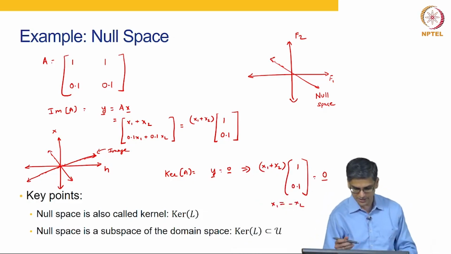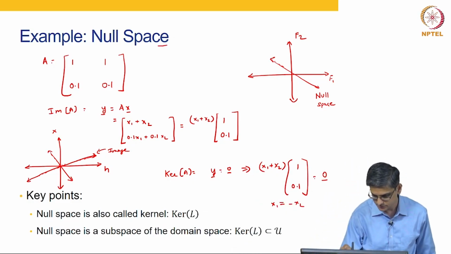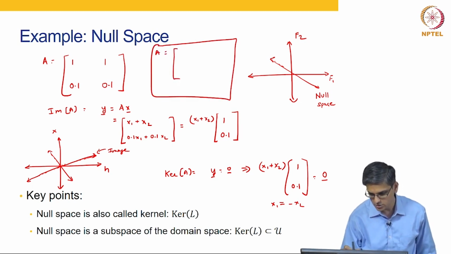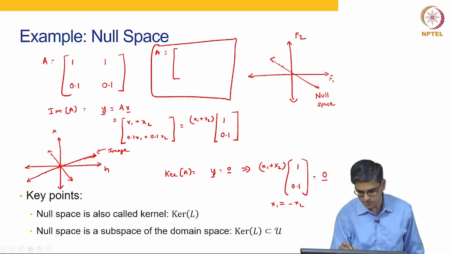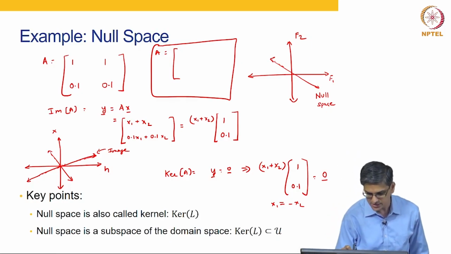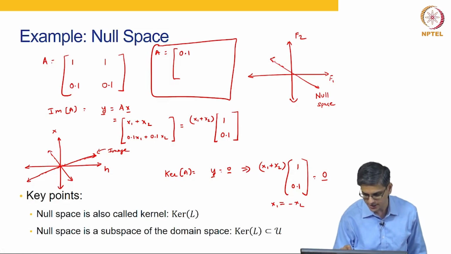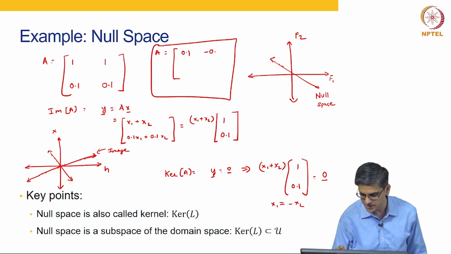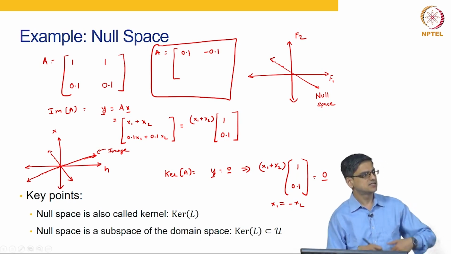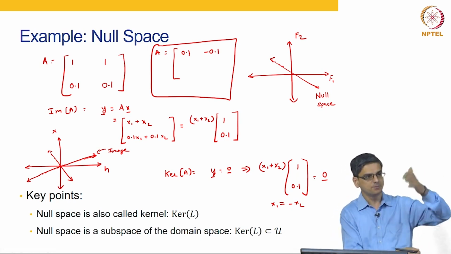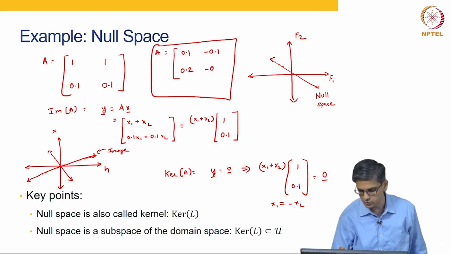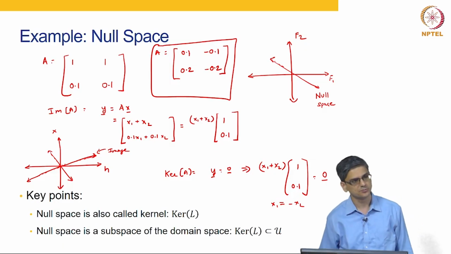So, in that case, your A matrix could be something like, let us say F1 is increased, XA is increased by, let us say 0.1, XB is decreased by 0.1. Let us say flow rate F2 is increased, XA will be increased by 0.2, XB will be decreased by 0.2.